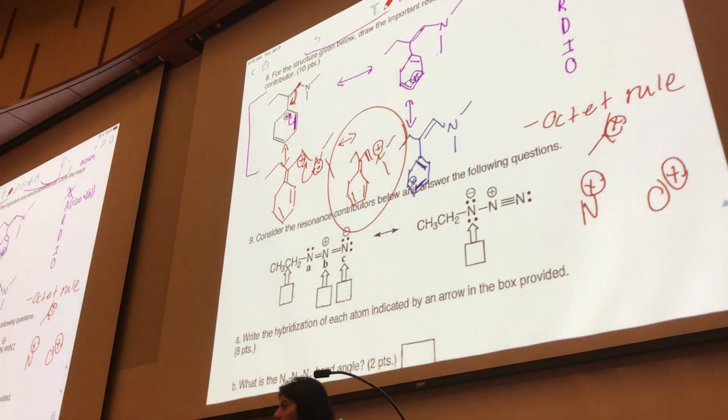So the way we answer this is in 2 steps. The first step is you move the positive by making bonds, and we answer that step first to go back to the original structure.